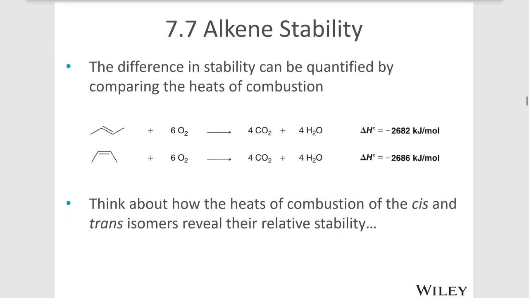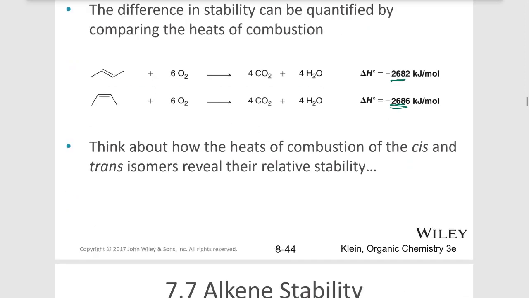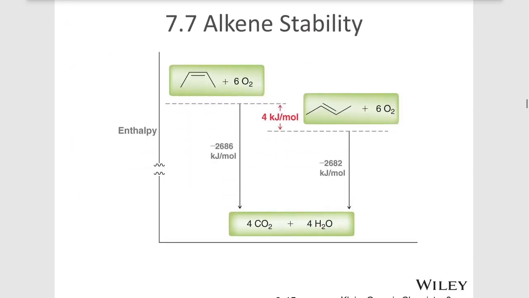If we consider stability in light of the heats of combustion, you can see that cis 2-butene has a higher heat of combustion than trans 2-butene, and that's because the cis is less stable. If we look at that in an energy diagram, we can see we get more energy out from the cis than the trans, even though we get the same products.